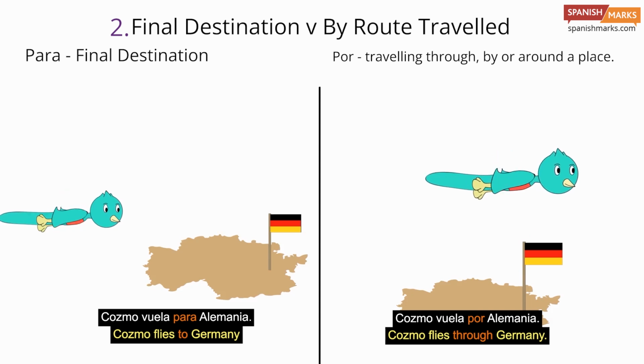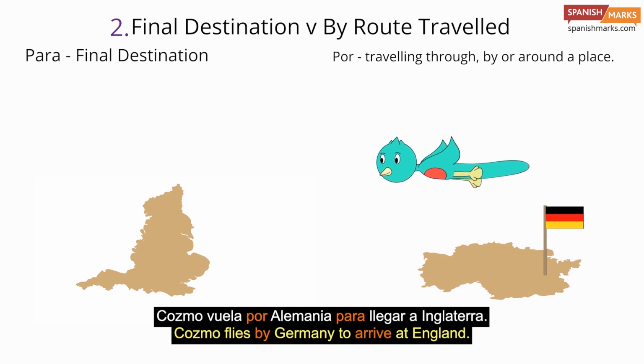Por describes traveling through, by, or around a place. Cosmo vuela por Alemania. Cosmo flies through Germany. Now you could say, Cosmo vuela por Alemania para llegar a Inglaterra. Cosmo flies by Germany to arrive at England.